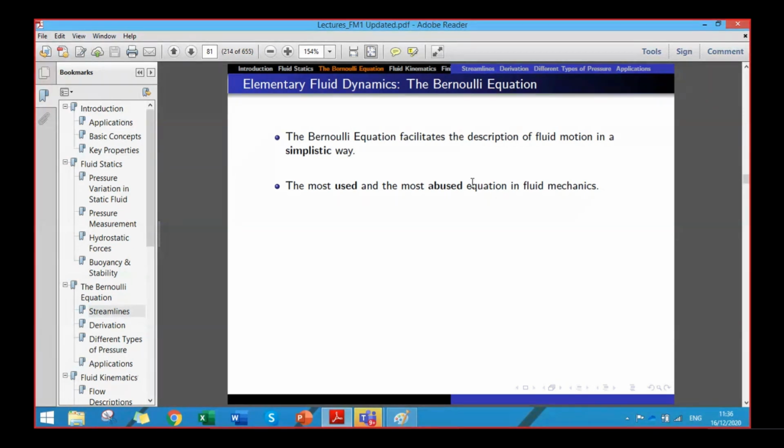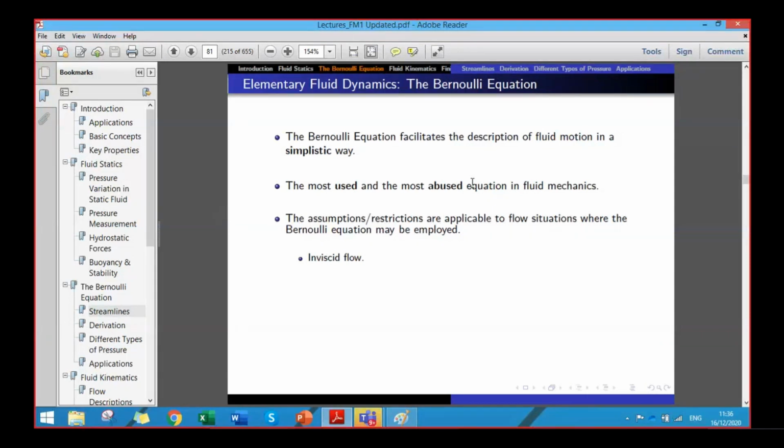Although it is the simplest equation and can give you an idea about most commonly encountered flow situations, it cannot always be used for all flow situations because there are some limitations on its use. These assumptions and restrictions apply to flow situations where the Bernoulli equation can be applied.